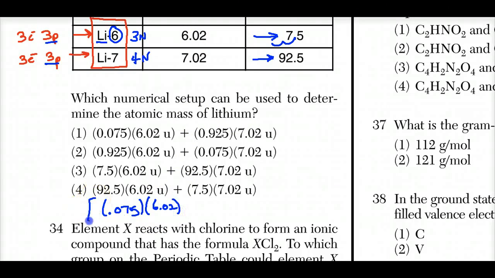And then we're going to add that result to 92.5% of 7.02. To find 92.5% of anything, you move the decimal place 2 places. I'll get this correct, I promise. 0.925, and I'm going to times this by 7.02. And I add that result together.